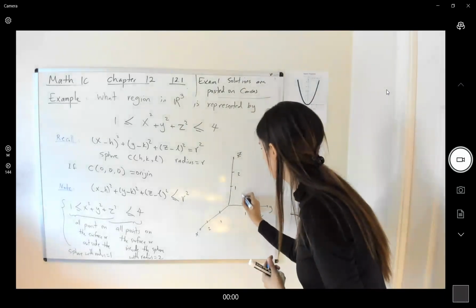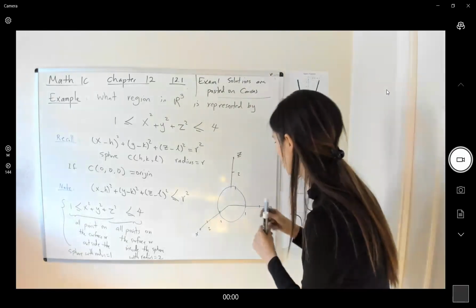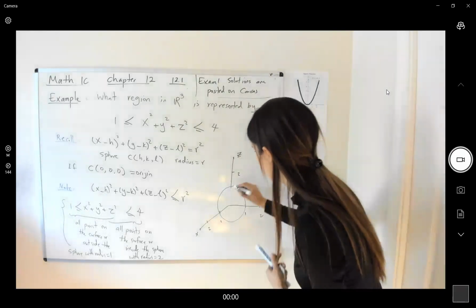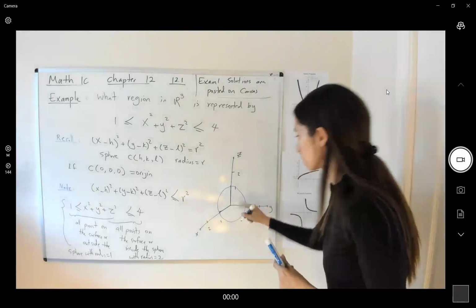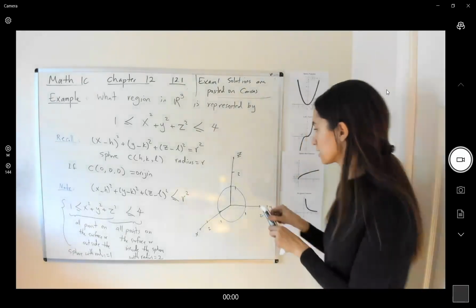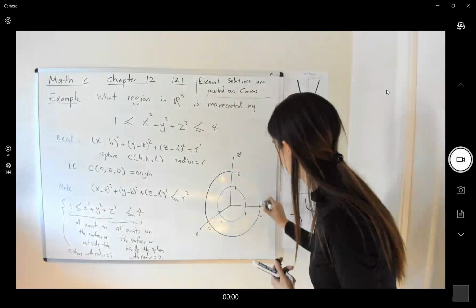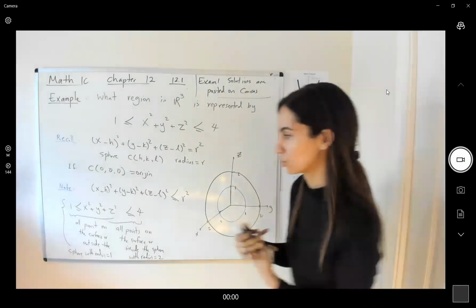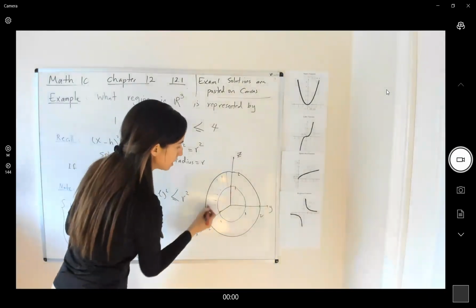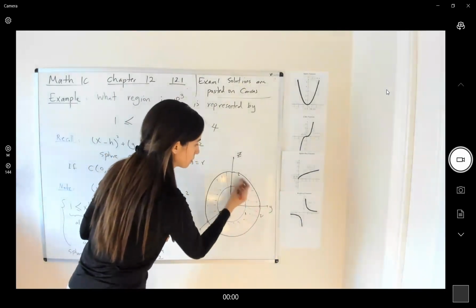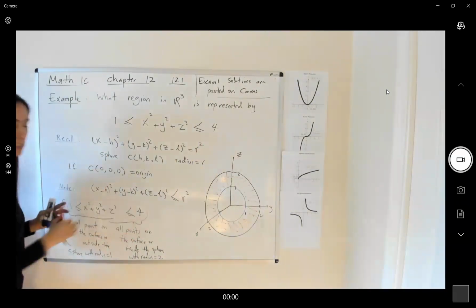The inner sphere is a unit sphere, with radius equal to 1. And the second sphere is the outer sphere, with radius 2. So all the points in between these two spheres are the solutions for these inequalities.